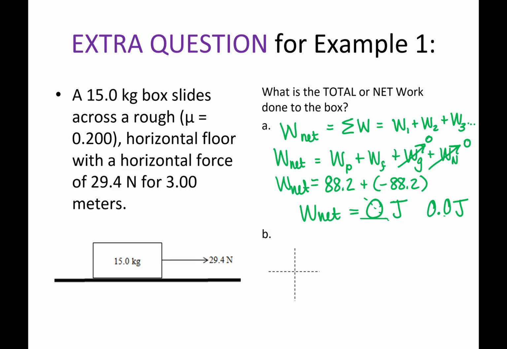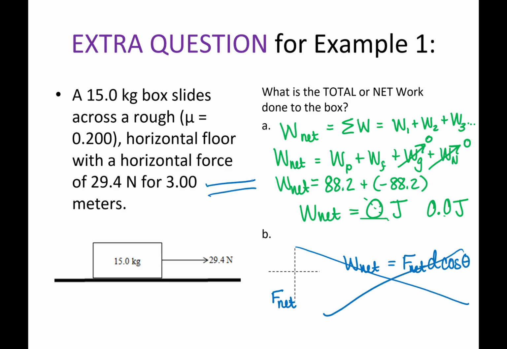Now, we could go through the whole process of figuring out what the net force is and marking the net force and marking the displacement and saying that work net is F net times d times the cosine of the angle in between them, but I'm going to be honest, I don't want to bother with that, okay? Adding up the works I already found is definitely the way to go.